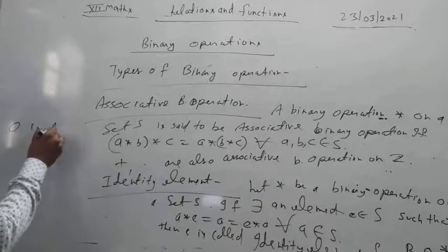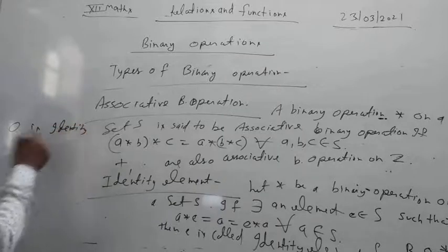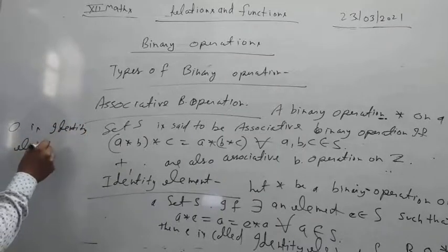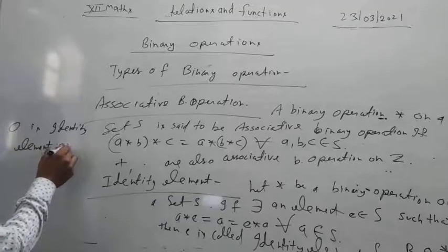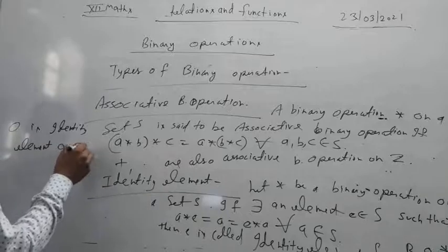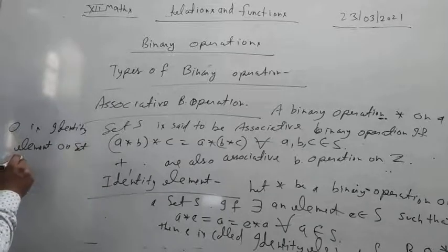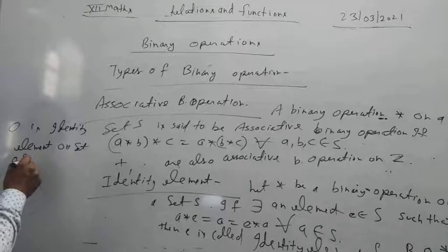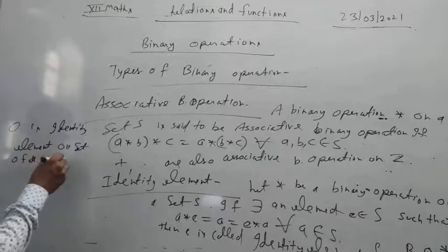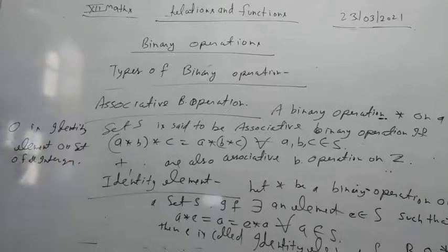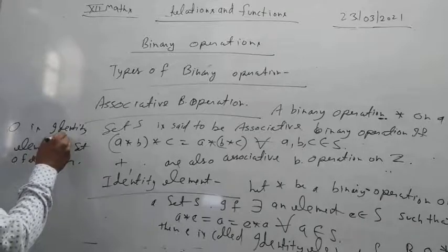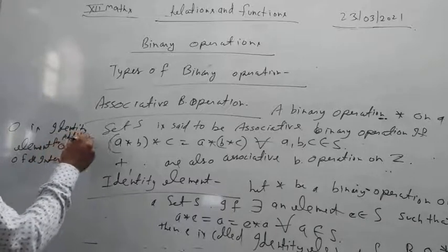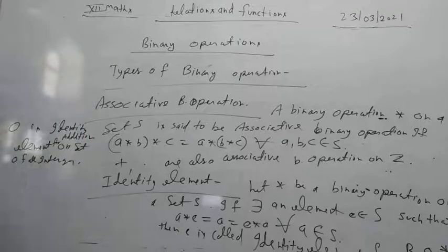0 is the identity element on the set of integers. 0 is the identity element for addition on the set of all integers.